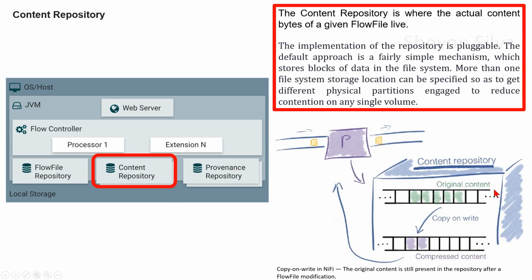The original content remains in the content repository, and a new entry is created for the compressed content. The content repository finally returns a reference to the compressed content, and the flow file is updated to point to the compressed data.